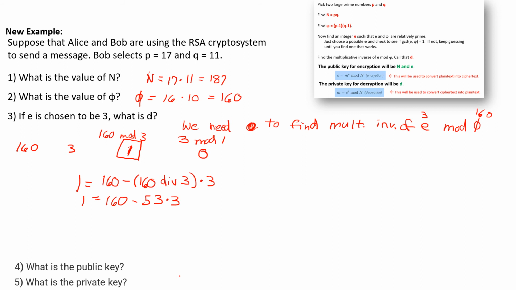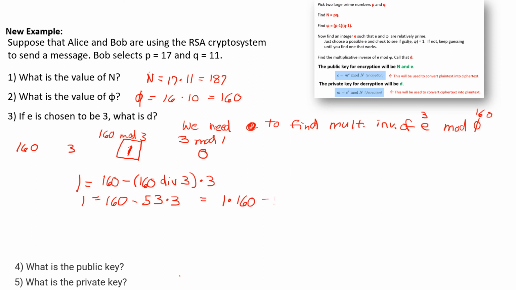Now, this was a very short example, and they aren't always this short, but we like it when they are, because we don't have to do any substitution. We've got our linear combination of the original numbers just after this one equation, right? 1 is equal to something times 160 plus something else times 3.